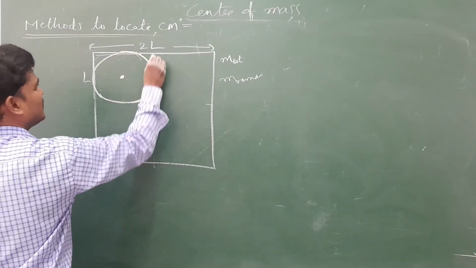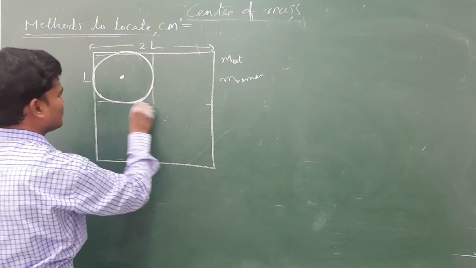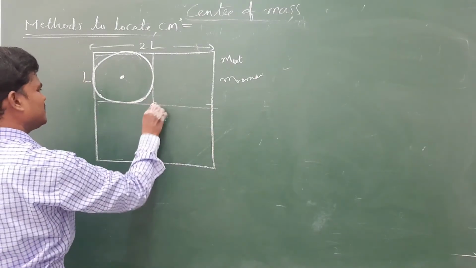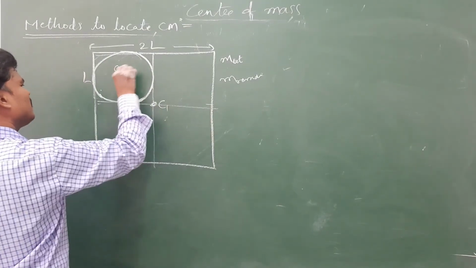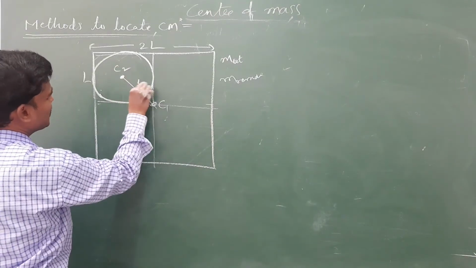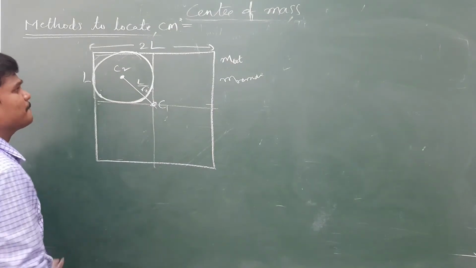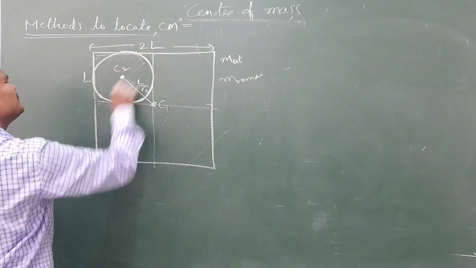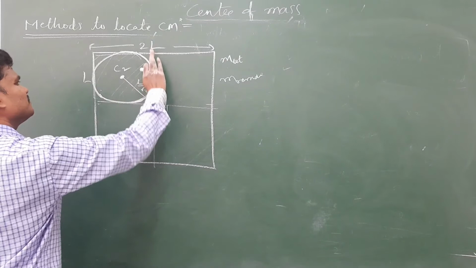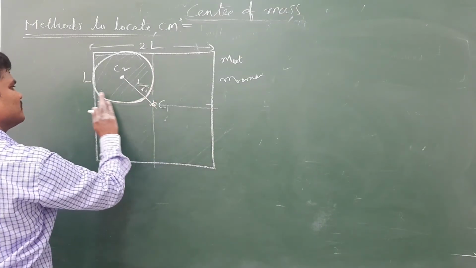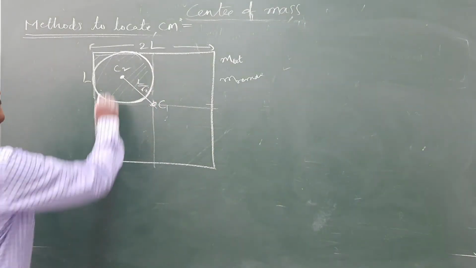See, this is the initial center of mass, and the final center of mass. Again the distance is the same, L by root 2 only, because L by 2, L by 2, L by root 2. The distance remains same. And this part is removed, this part is cut.